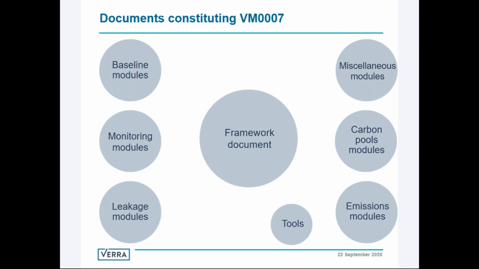So we have baseline modules, monitoring modules, leakage modules, and so on, as was already shown by Amy. And of course, I thought let me draw the interactions between these modules by adding some arrows, and I quickly stopped that because the slide became unreadable. But I just need to mention that it would not only be arrows between the framework document and the various modules, but also between the modules themselves. Next slide, please.